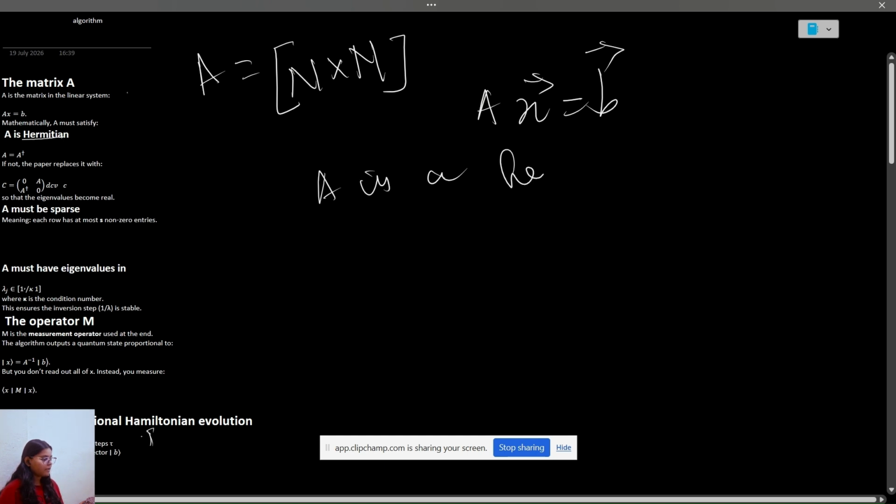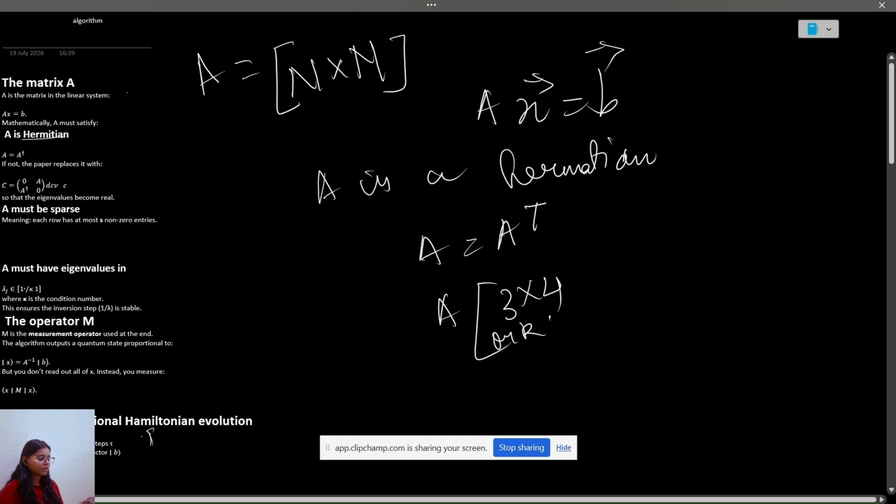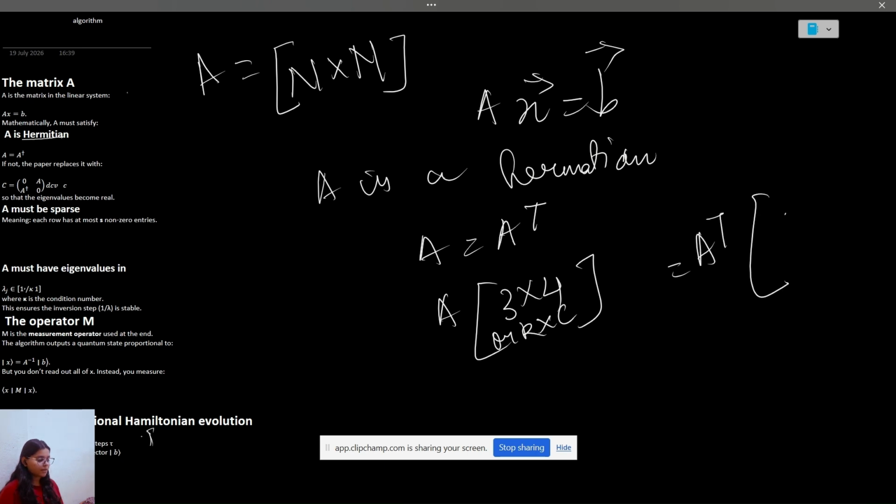Now, assuming that A is Hermitian. Hermitian means A is equal to A transpose. If A is any matrix of rows and columns, then A transpose is the reverse: the rows become the columns and the columns become the rows.